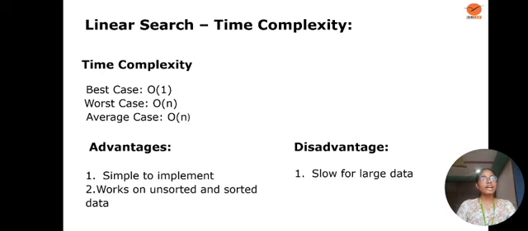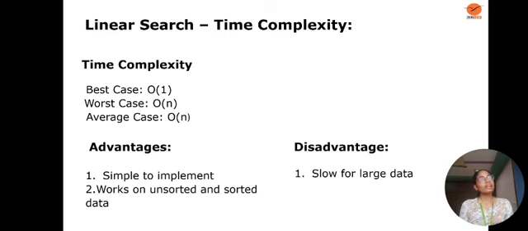Now let us see the linear search time complexity, that is, the time complexity of linear search and its advantages and disadvantages. The best case time complexity of linear search is big O of 1. The worst case is big O of n and the average case is big O of n. When it comes to advantages of linear search, it is simple to implement and works on unsorted data and sorted data.